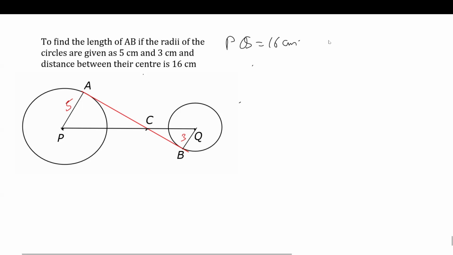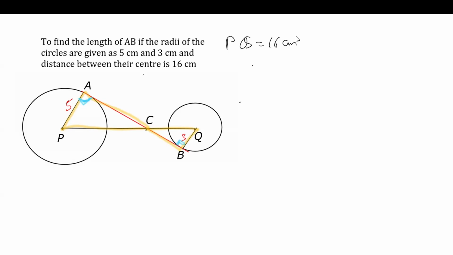Now the first thing that we will do here is to prove these two triangles similar. One will be this. Let me highlight the triangle I'm talking about. The triangle APC can be proved similar to triangle BQC. And that's how, because of number one, you can see that the radius is perpendicular to the tangent at the point of contact.